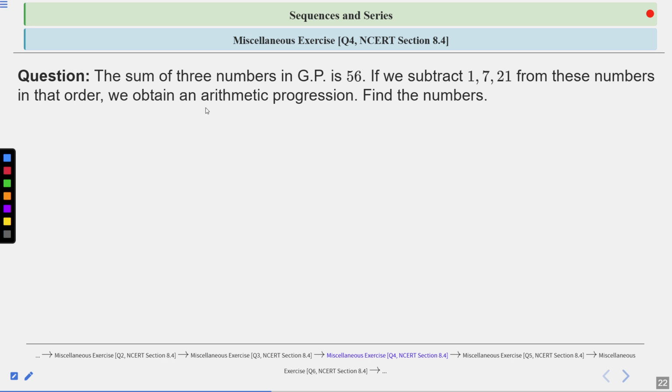After that, applying the second condition, we subtract 1, 7, 21. The new three numbers must be a - 1, ar - 7, ar square - 21. After that, applying the third condition, we obtain an arithmetic progression.